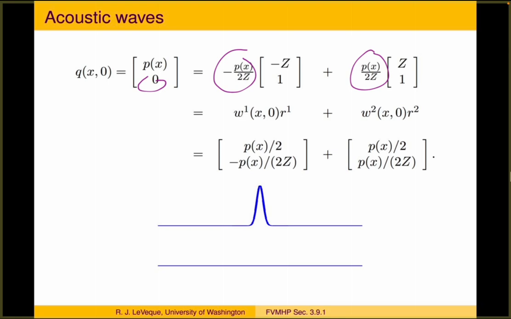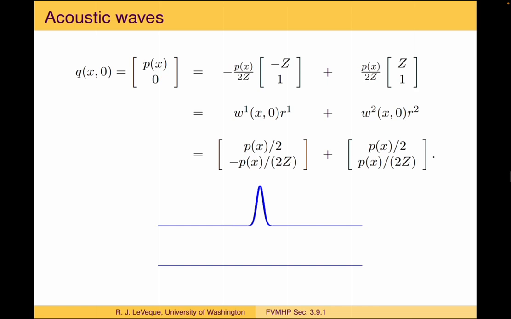So this is our decomposition into the characteristic variable w1, which varies with x depending on how p varies with x, times the eigenvector r1, plus the characteristic variable w2, also varying with x, it's p of x over 2z, times the eigenvector r2. And then if you want to look at what the solution is at later times, each of these is simply propagating with its corresponding eigenvalue, solving an advection equation.